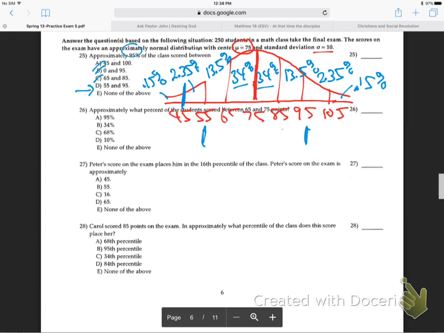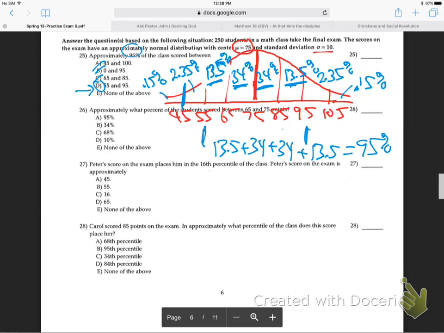Is that it? 13.5, 34, 34, 13.5. If you add those up, you'll get 95%. It's D.